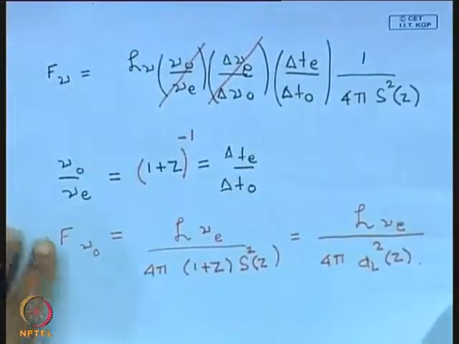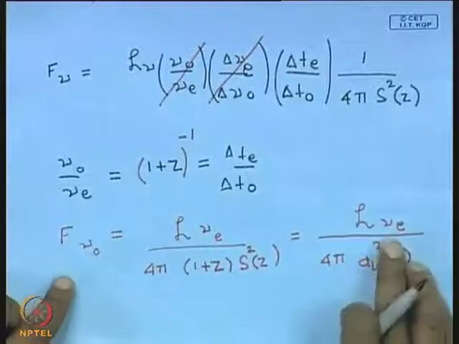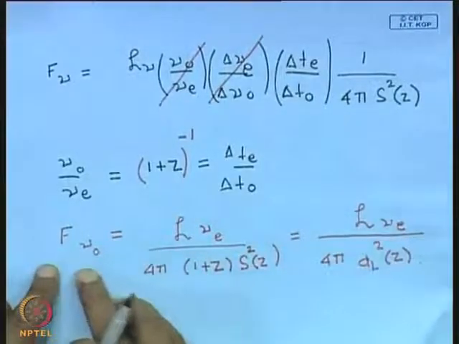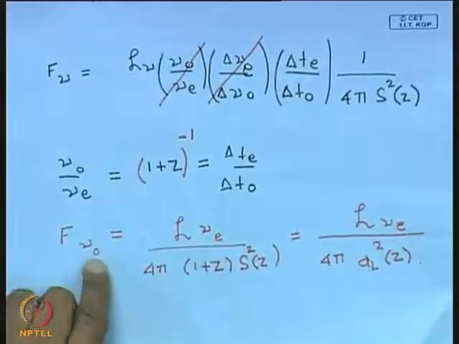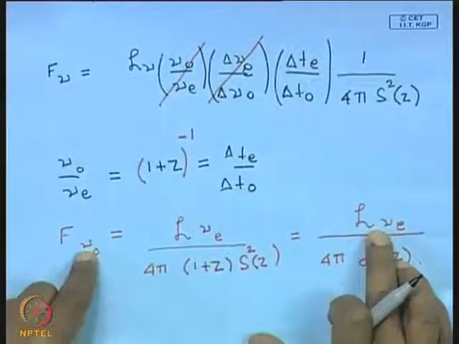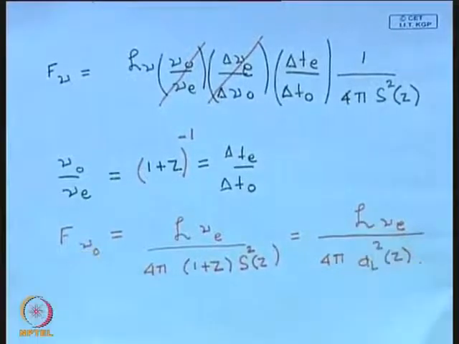What this gives you is the relation between the luminosity at a certain emitted frequency and the flux at another observed frequency, and these two are related through the redshift formula over here.